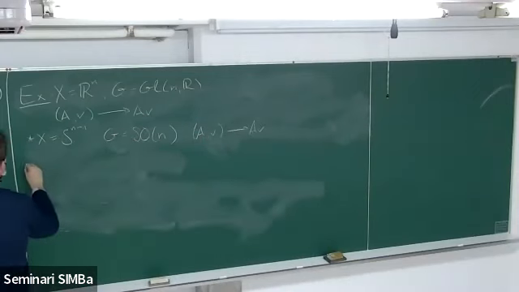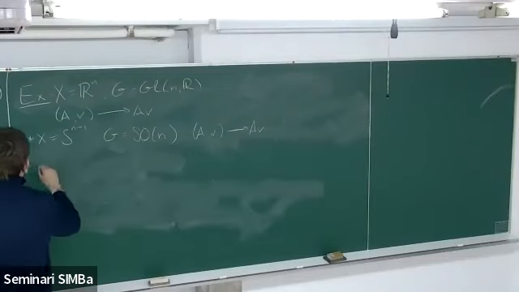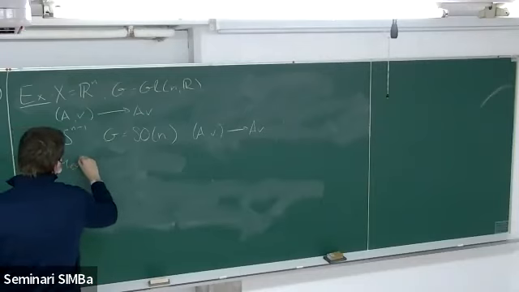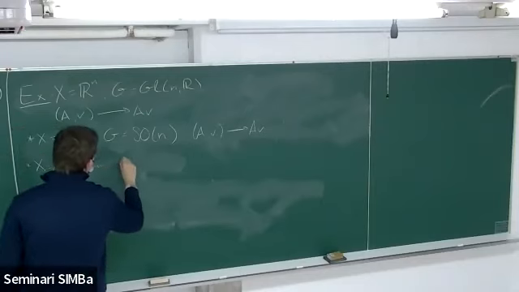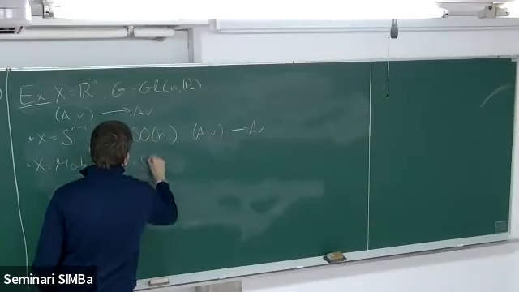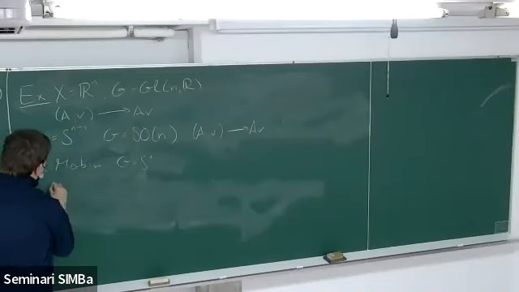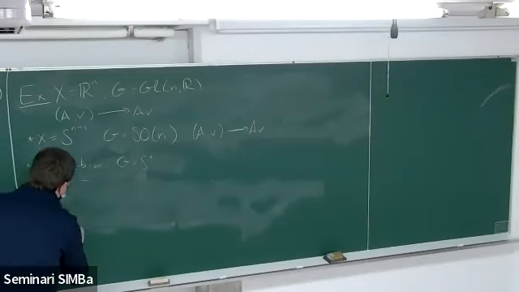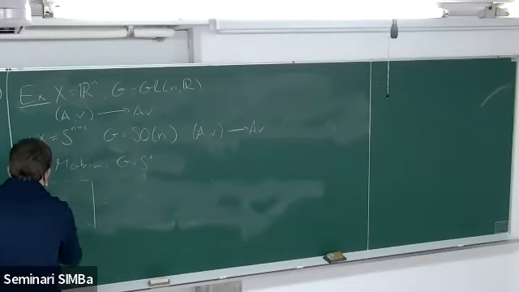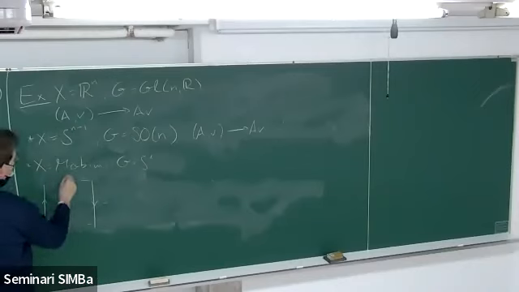Or another example that I like because it's easy to draw: if we take X the Möbius band and G the circle S^1, we have the rotation, which in this case is only this translation.